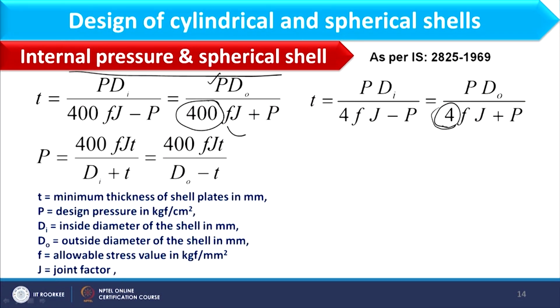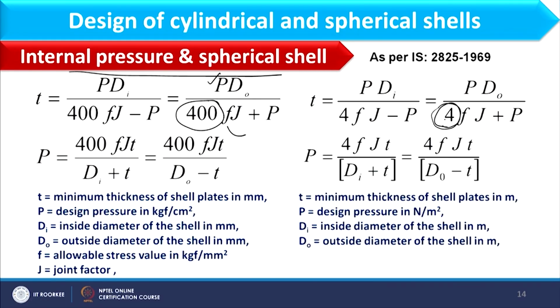Otherwise, in books you can find 4 instead of 400, because pressure and allowable stress are both shown in the same units. So, in this way you can derive the expression for thickness of cylindrical as well as spherical vessels when internal pressure is acting. Okay.